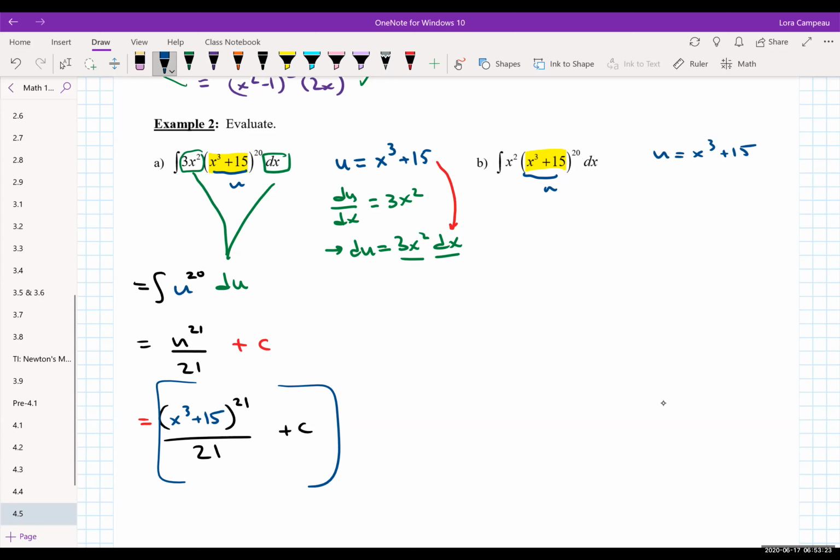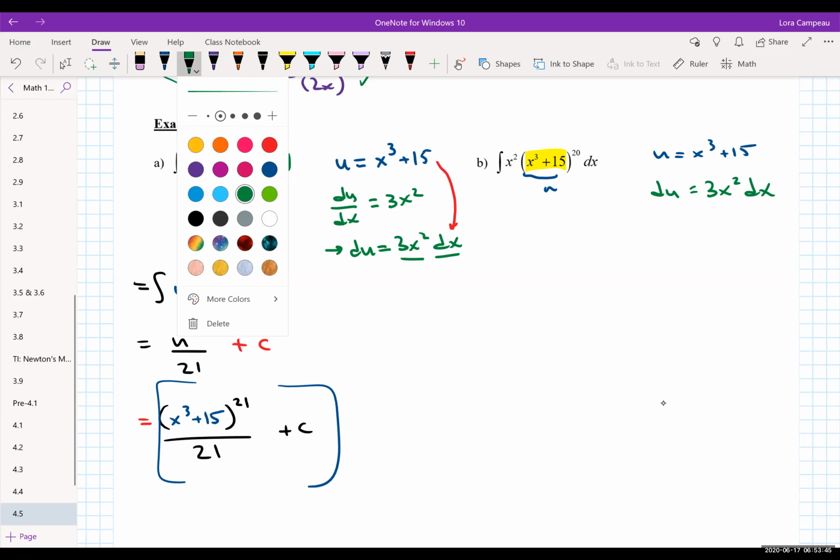And then we realize, oh yeah, if we call it u, then we take the derivative of u with respect to x. So du is 3x squared times dx. See what I said about skipping a step? And then I go through the problem and I'm looking at my du and I notice, well, I do see the dx.